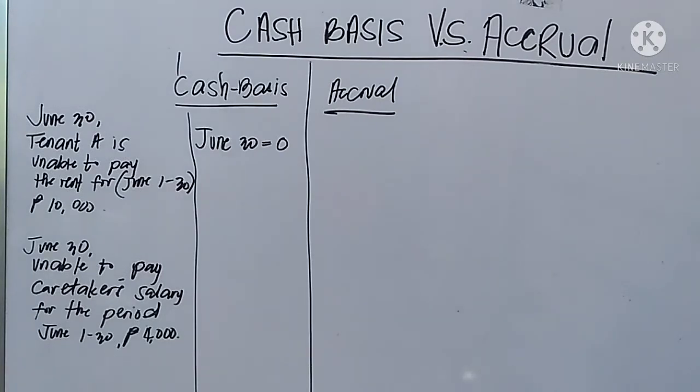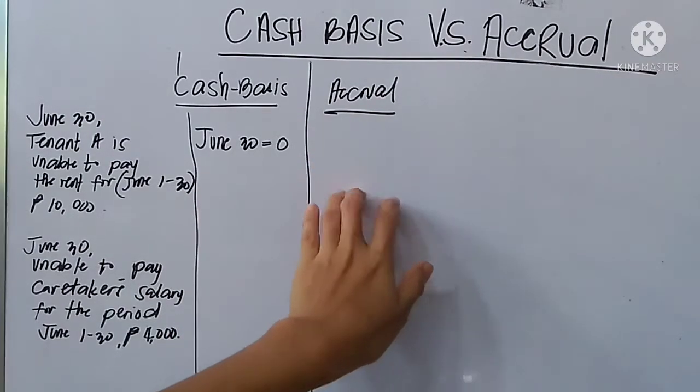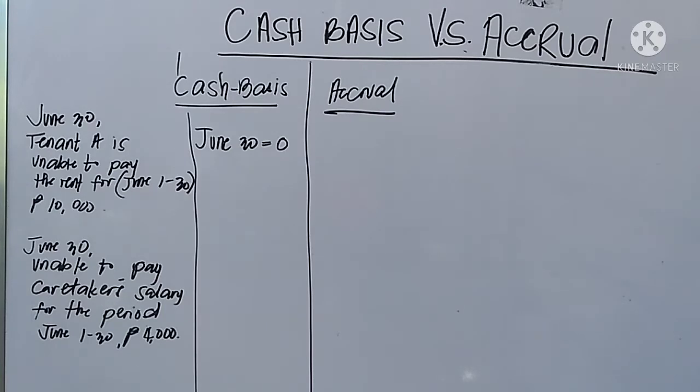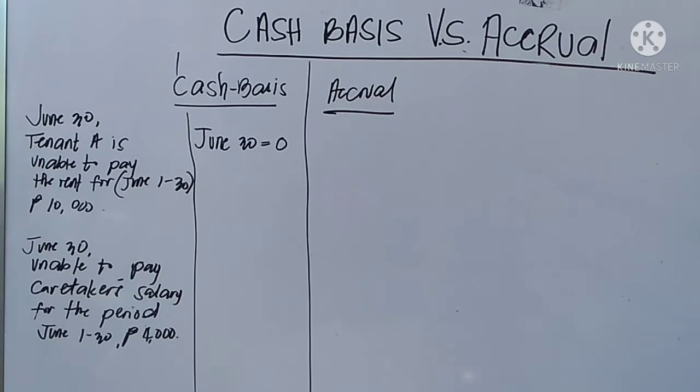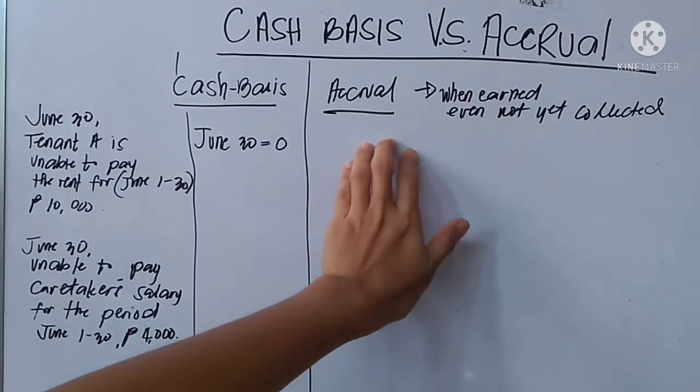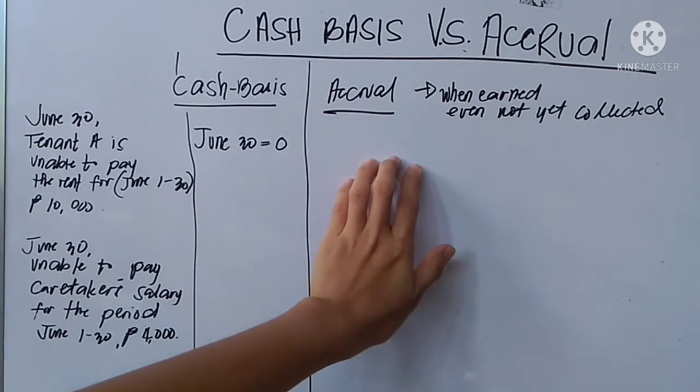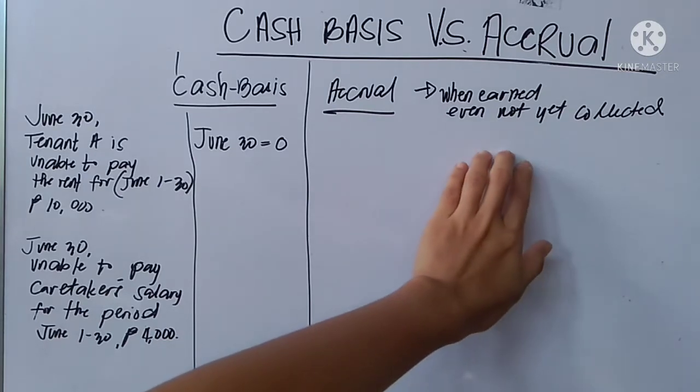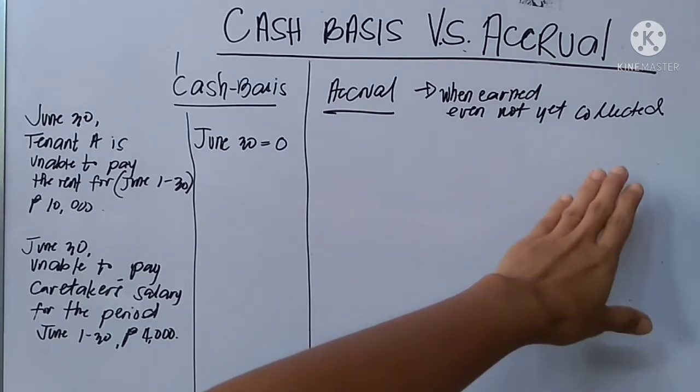Okay, so how about under the accrual accounting? Ano ba yung pagkakaiba kapag accrual accounting naman ang iyong ginagamit in recording your business transactions? So according to the accrual accounting, you will record or recognize revenue when earned, even if it is not yet collected.